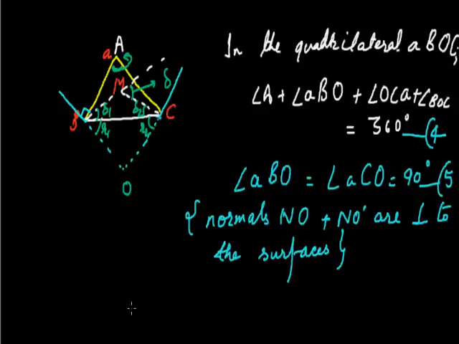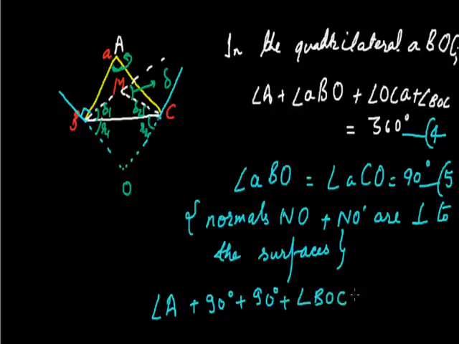Then using the information from 5, we put these values in equation 4 and we get angle A, the angle of prism, plus 90 degrees plus 90 degrees plus angle BOC, and all the sum is equal to 360 degrees.